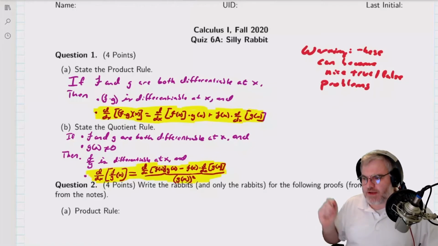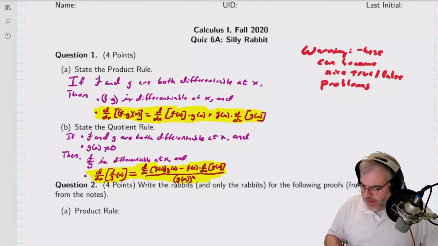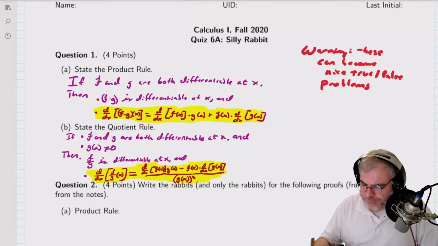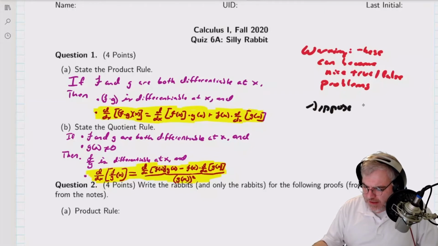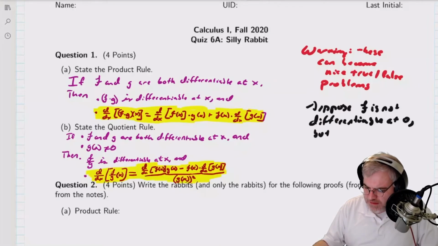So let me give you an example about that. Suppose f is not differentiable at 0, but g is.